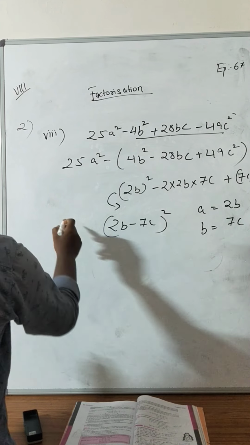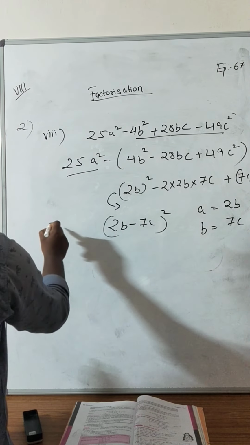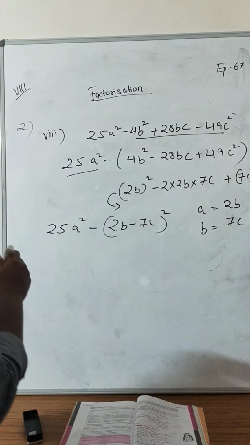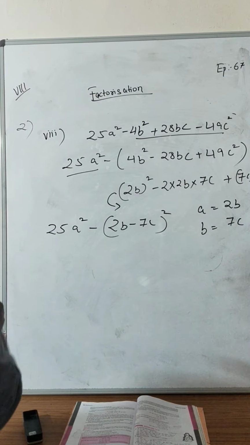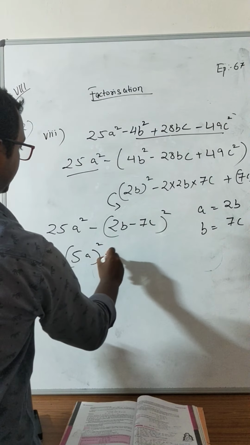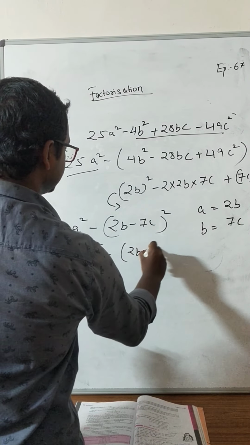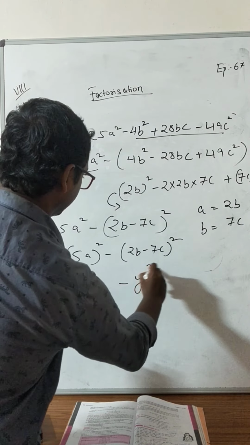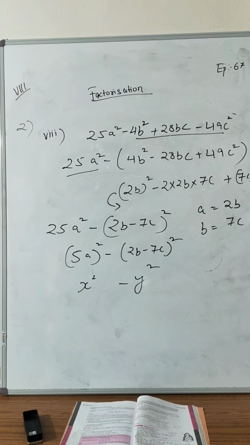Now see what is left here, 25a². Let me bring that also here, 25a² minus (2b minus 7c)². 25a² can be written as (5a)² minus (2b minus 7c)². This is of the format x² minus y². Okay students, now let me rub here.